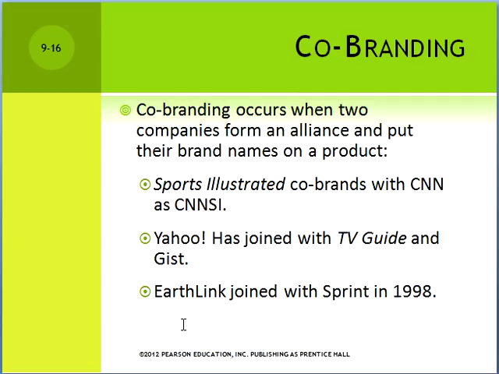Okay. Similarly, you can see Yahoo has joined the TV Guide and the Gist, etc. Earthlink joined the Sprint in 1998. Now, what is the purpose? The purpose behind that is that both of these organizations have got different customers, and they don't overlap.